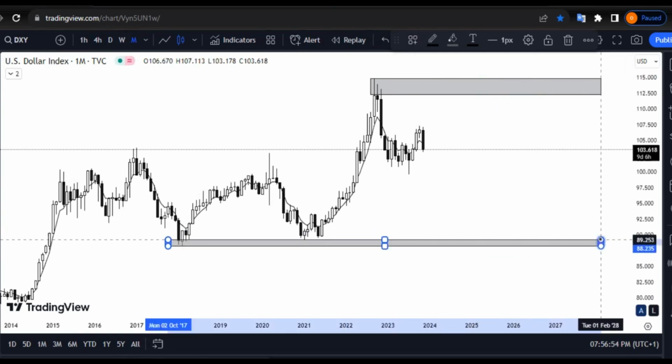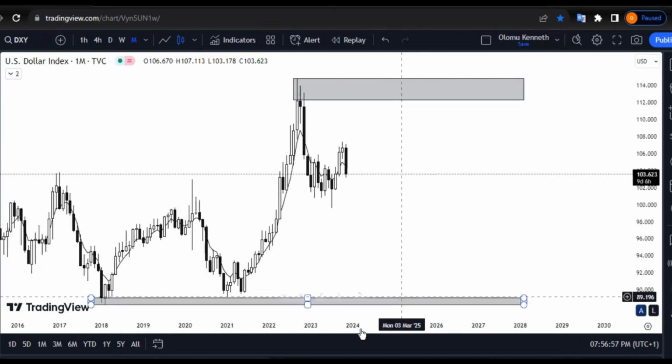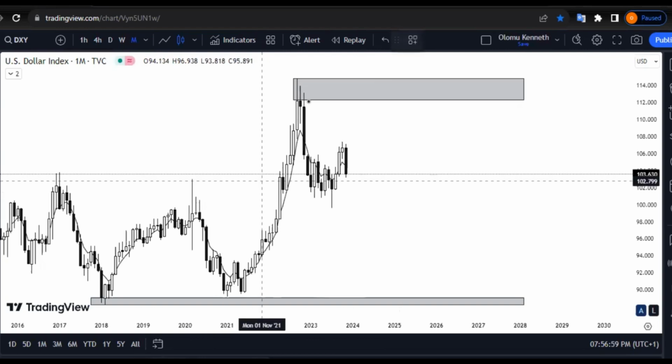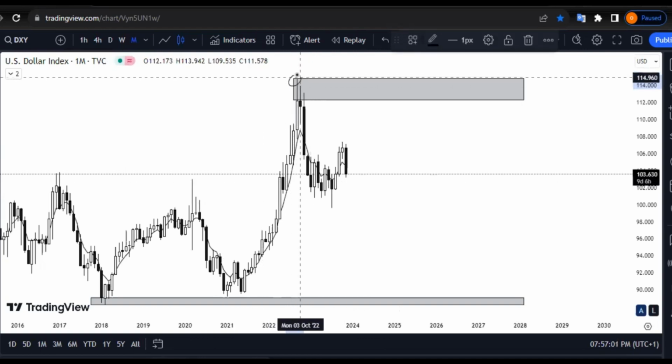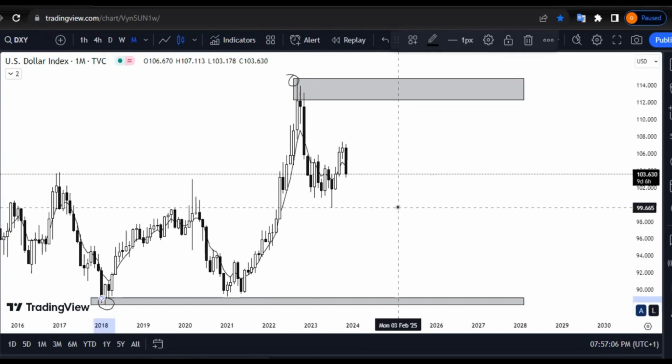Okay, so this market is currently in the corrective phase, but then we want to see what is happening in the lower time frame to see the movements. Okay, so this is our range.